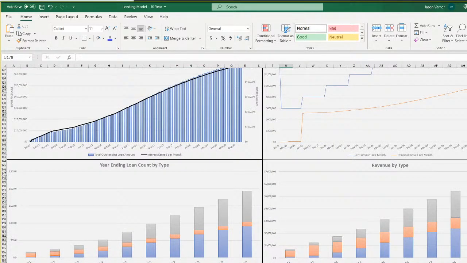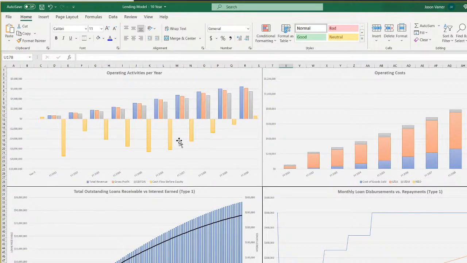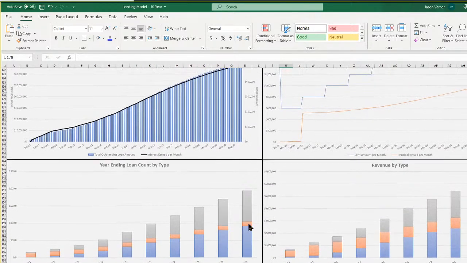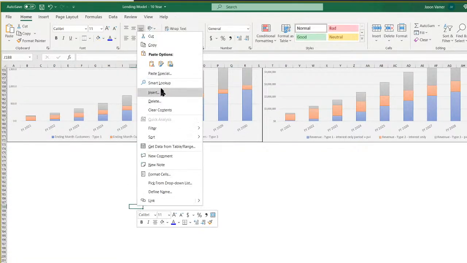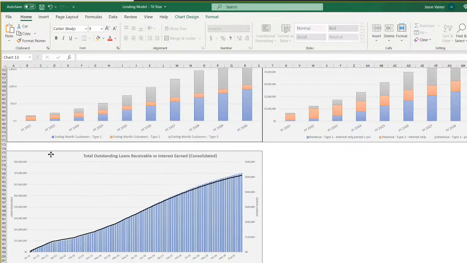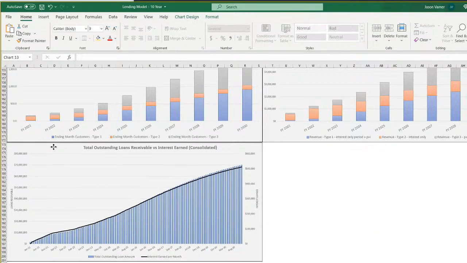Okay, do we want to do any other visuals? We got operating activities, costs. Oh, cash flow. So let's see. We can do cash flow and cumulative cash flow.